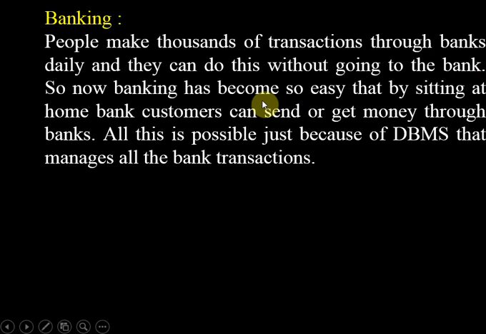But when you withdraw money from a particular ATM center, the entry is posted in your particular bank, even if you are using any ATM center. For example, your account is in the Bank of India and you enter a State Bank of India ATM center, but the entry will not be posted in the State Bank of India; it will be posted in the same bank where your account is, for example Bank of India. It is possible because of the database management systems.